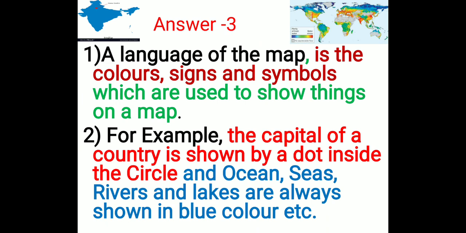For example, the capital of a country is shown by a dot inside a circle. And if we want to show the oceans, seas, rivers and lakes in the country, they are all shown with the help of blue color. So these colors, signs and symbols are all the language of the map. Understood? So what is the language of a map? The language of a map is the colors, signs and symbols which are used to show things on a map.